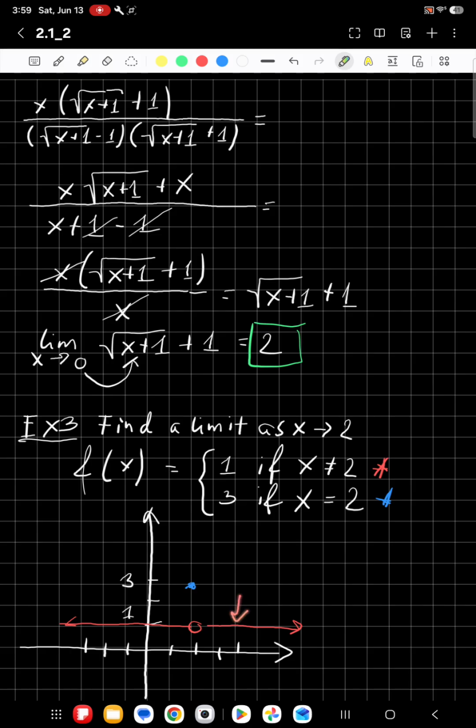As I get closer and closer to 2, nothing really changes. It only changes at 2. So the limit of f of x as x approaches 2 is 1. That's the solution.